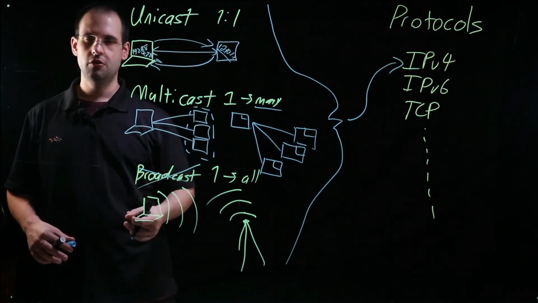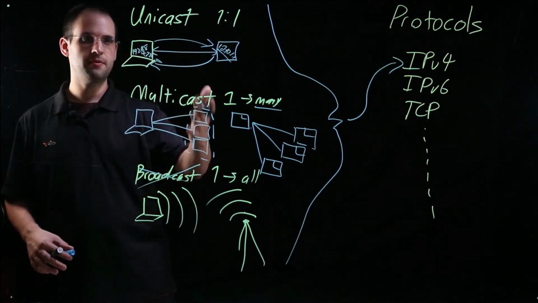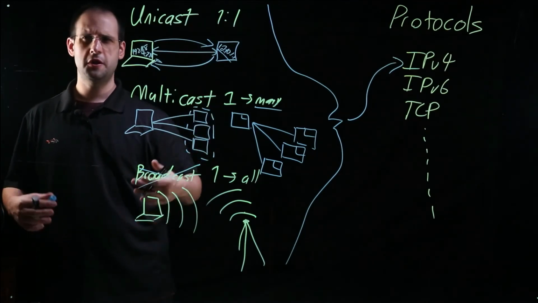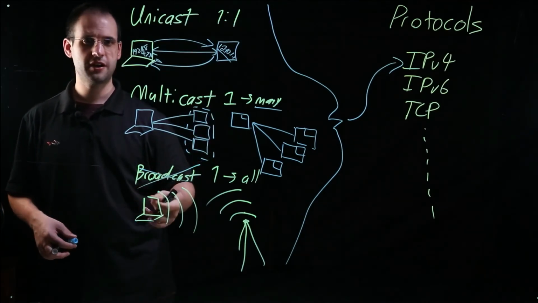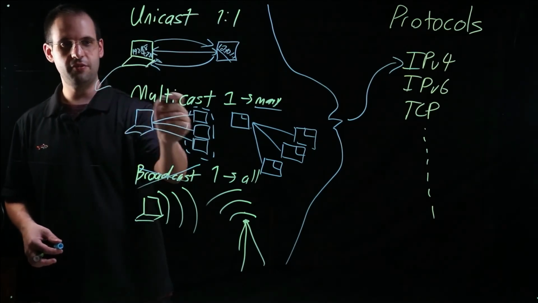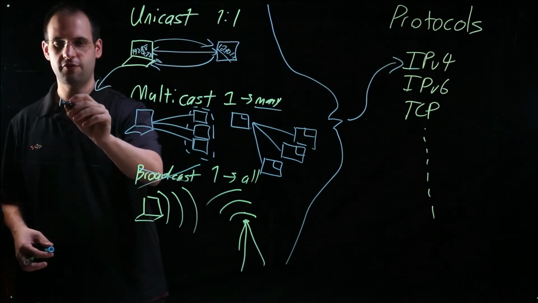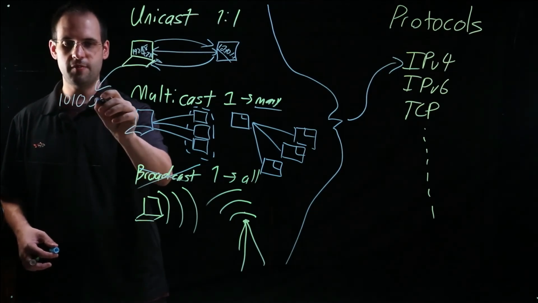So in the next video, we're going to take a look at actually breaking down our binary addresses. So we've talked about these different modes of communication. Now we're going to start taking a look at the actual way that a computer breaks down this data and sends it across the wire or a wireless network, right, in the form of our binary information.